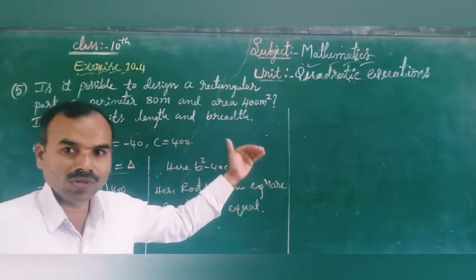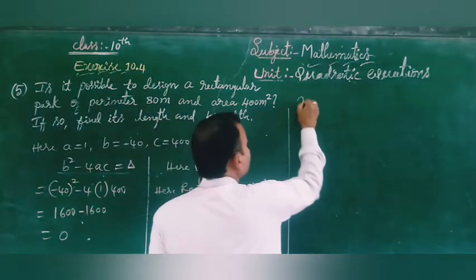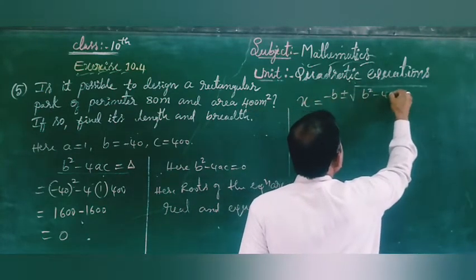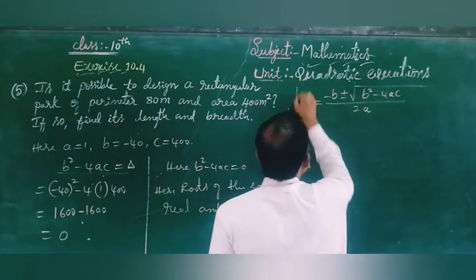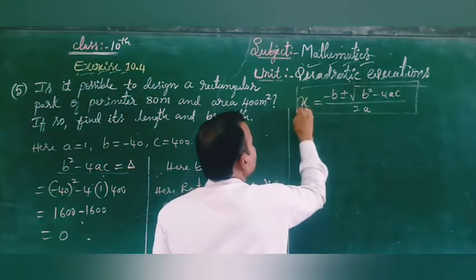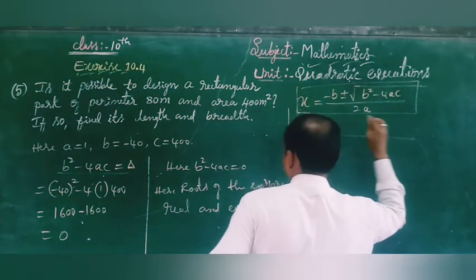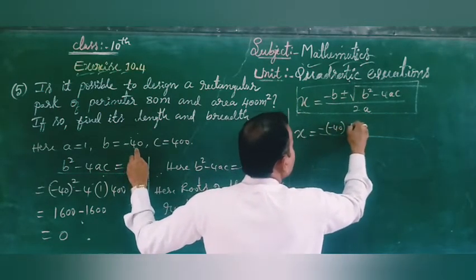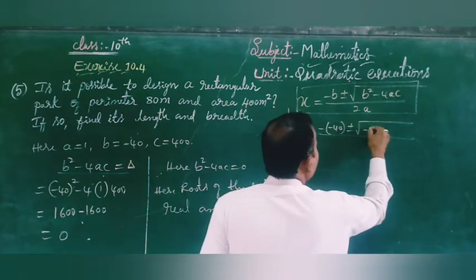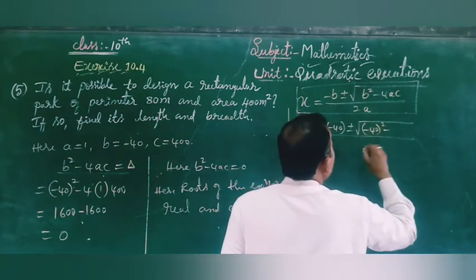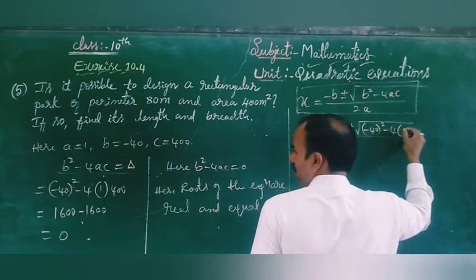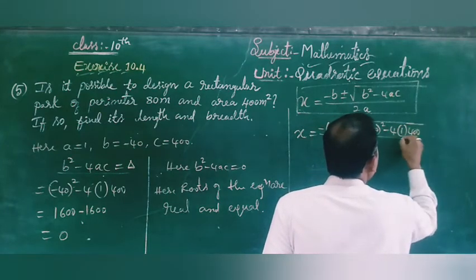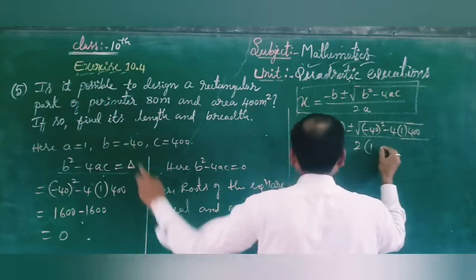So we have to find the roots by using the formula x equals minus b plus or minus square root of b square minus 4ac, by 2a. Put the values in the formula. X equals minus of minus 40, plus or minus square root of minus 40 whole square minus 4 into a value is 1 and c value is 400, by 2 into 1.